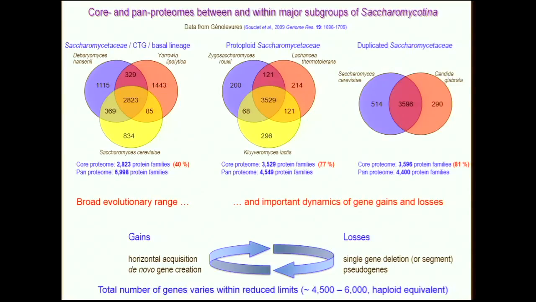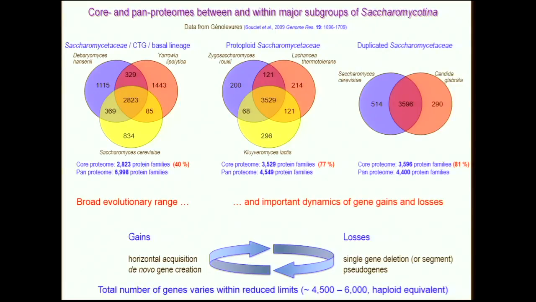So at this point, we conclude that the evolution of yeast is a constant cycle between gains and losses. Losses are very important. They occur by single gene deletions or by pseudogene formation, but mostly by single gene deletion. I will illustrate that in a second.